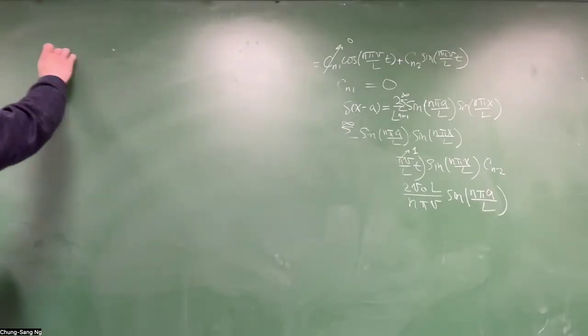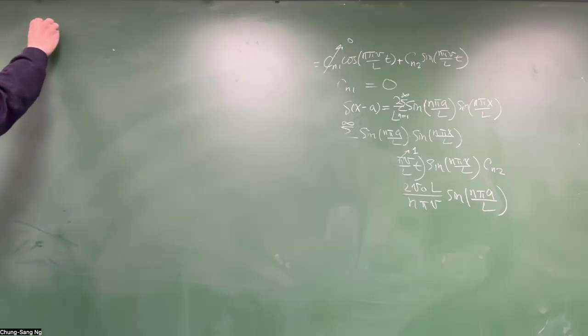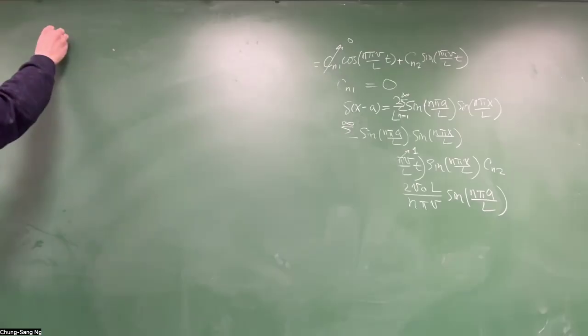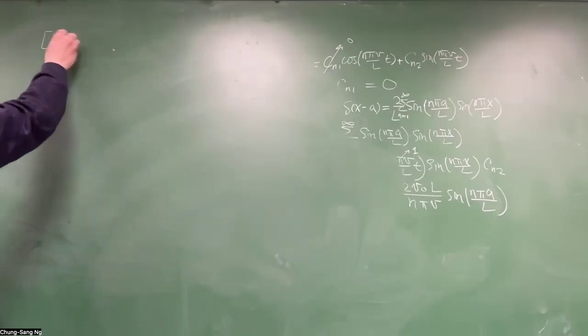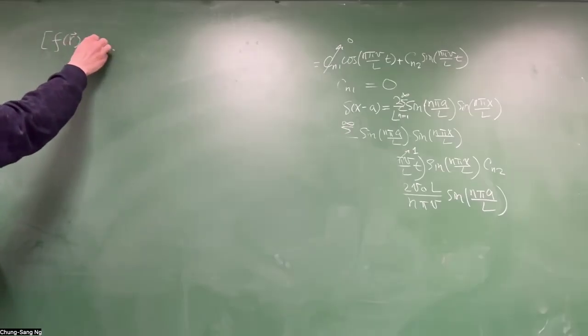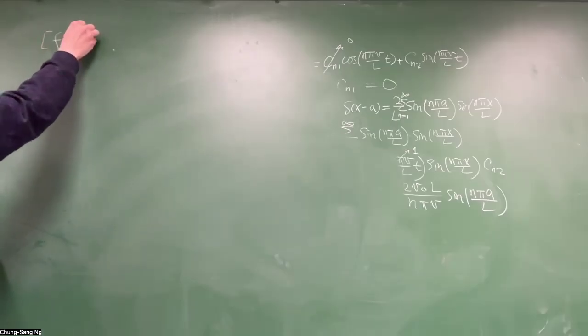The thing you need to be careful about is the convention, when you go back to your notation or the textbook. The f of r now has r as a three-dimensional spatial variable.